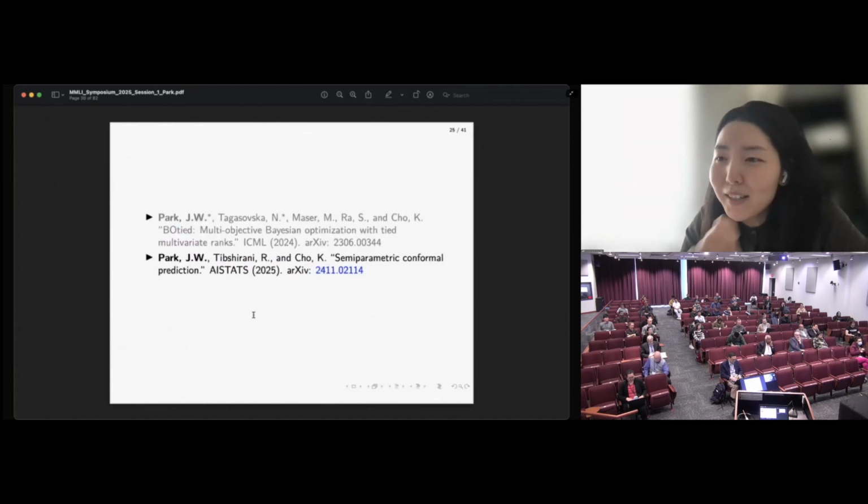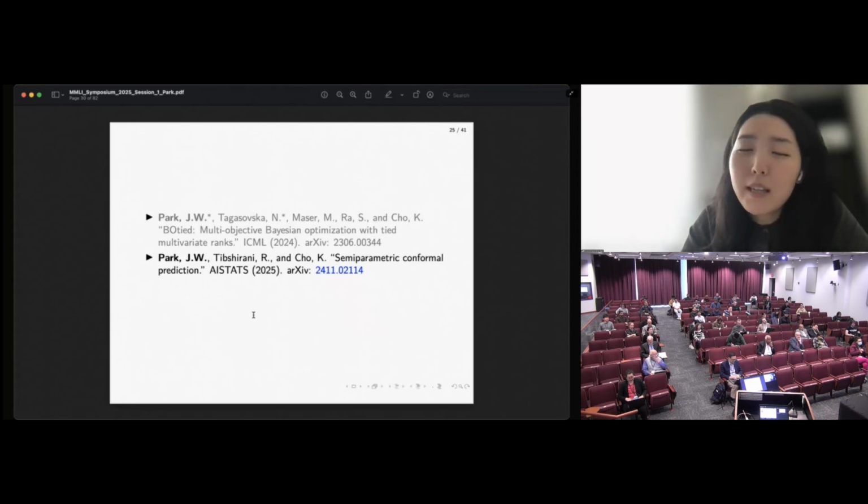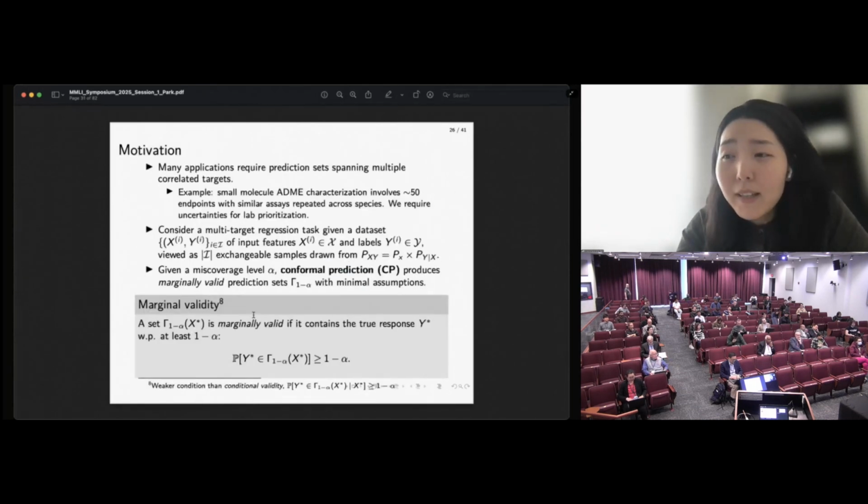The second project I'll introduce more briefly has a similar flavor, but focuses on calibrating the surrogate model. Once again, the motivation is that molecular characterization involves many correlated target properties.